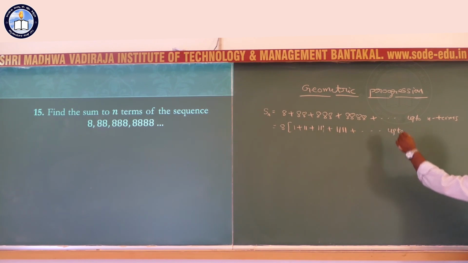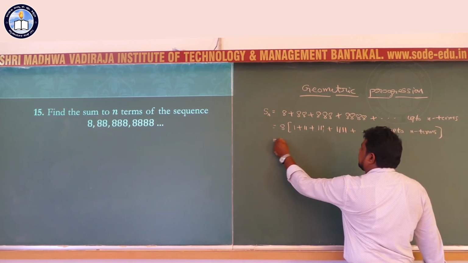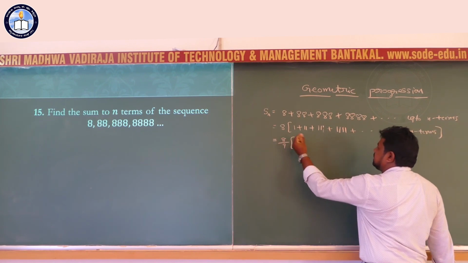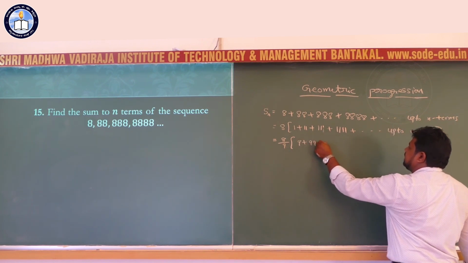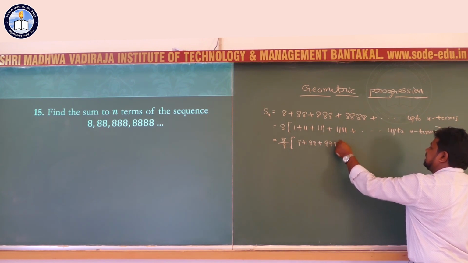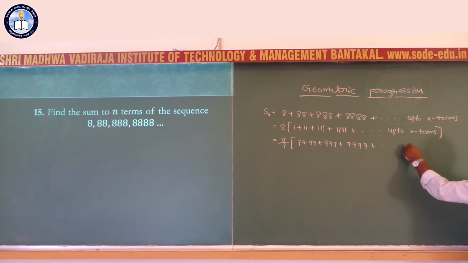In all the terms I take 8 outside. I write it as 8 by 9 into 9 plus 99 plus 999 plus 9999 up to n terms.